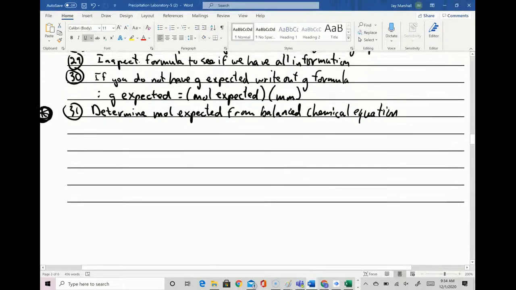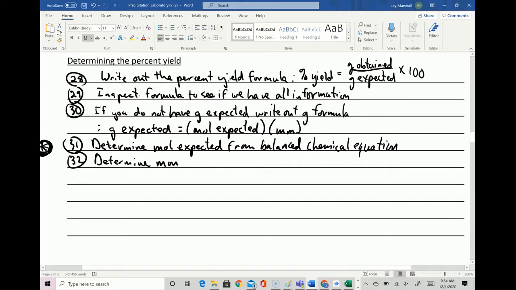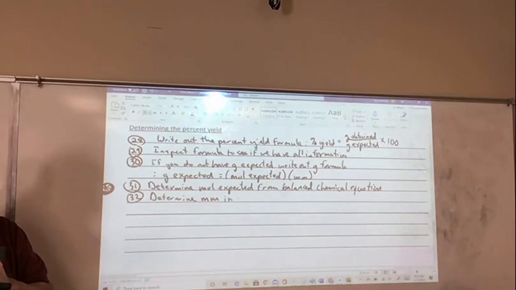So, determine moles expected from balanced chemical equation. Determine molar mass in the usual way.